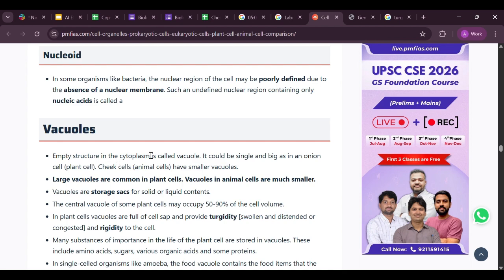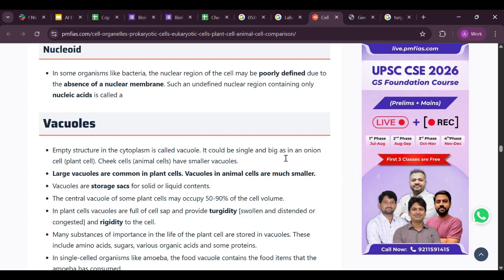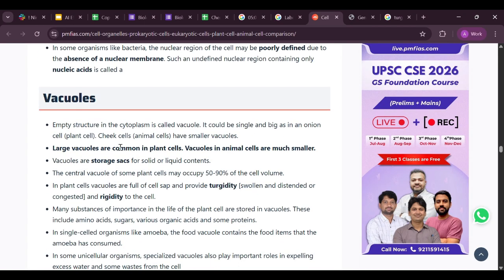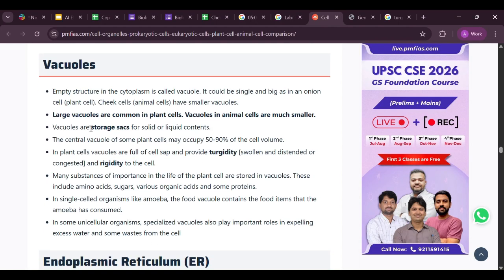It's called vacuole. It could be single and big. Okay, as we can see, it is large. Storage sacs for solid or liquid content. Okay, here it is written.